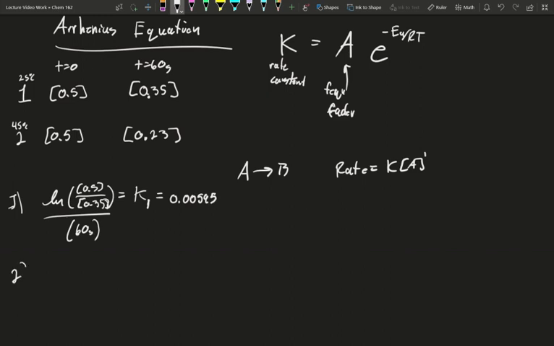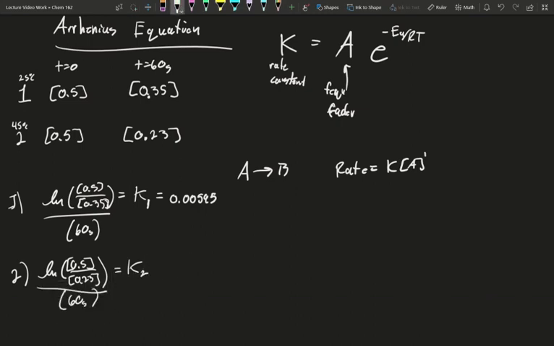And if we did that for run 2, use the same equation. We'd say, oh yeah, natural log of 0.5 starting, but we went down to 0.23 at our hotter temp. That's going to be equal to K2 times the 60 seconds. We can divide by 60 seconds.